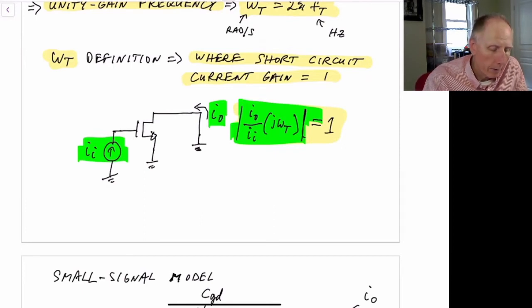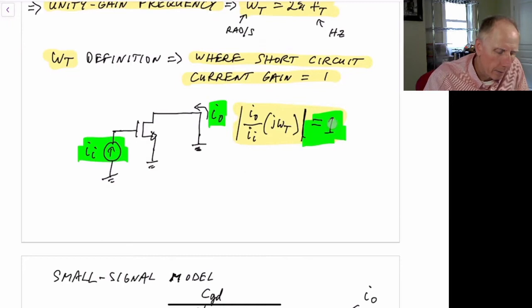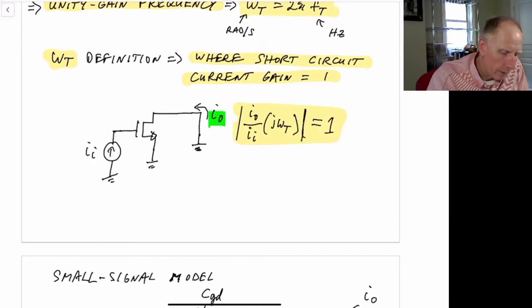But when omega is equal to omega T, we'll define that to be the case where the gain has reached 1. So the small signal current gain will be dropping and going lower and lower as we go to higher and higher frequencies. When it finally reaches a gain of 1, we'll call that frequency omega T, capital T.